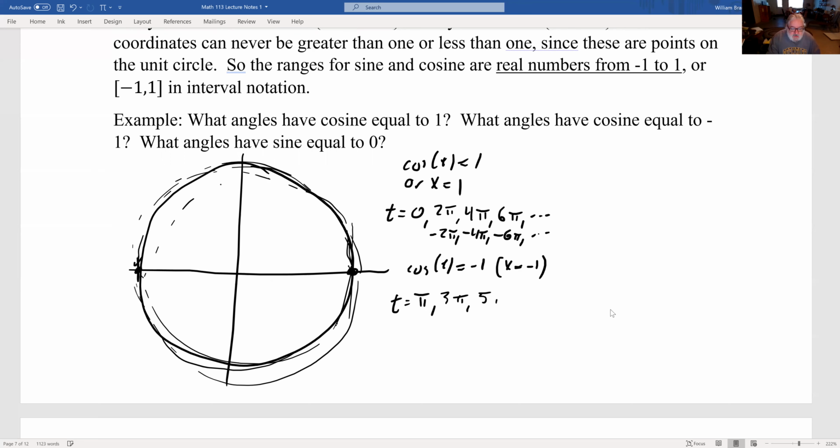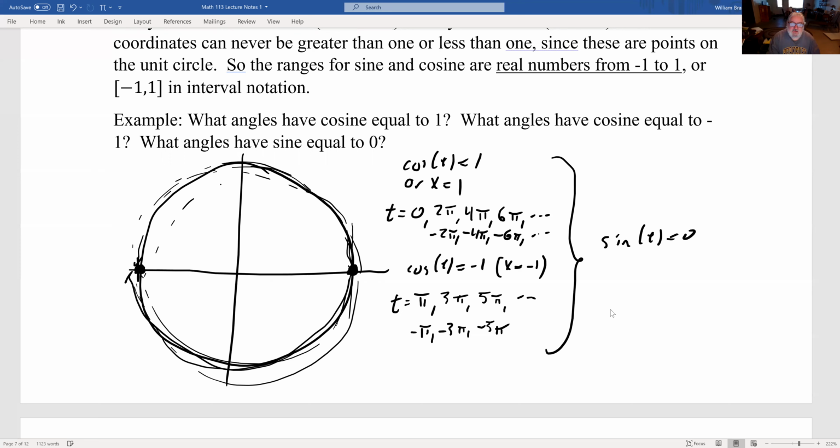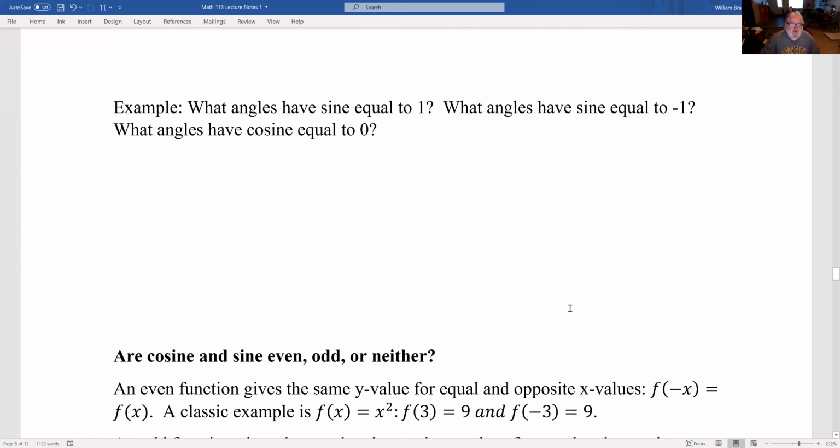Or you go around twice, and that would be 5π, and so on. Or you could go negative π, right? -3π, -5π. And at this point, your y coordinate is 0, and at this point, your y coordinate is 0. So for all these angles, sine of t is 0. So if cosine is plus or minus 1, then sine has to be 0. And we can do the same thing with sine.